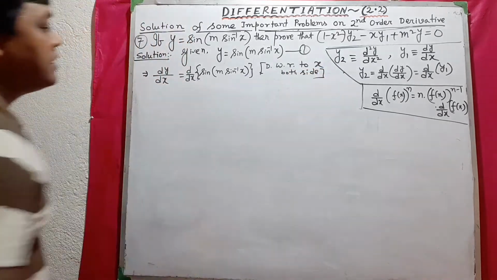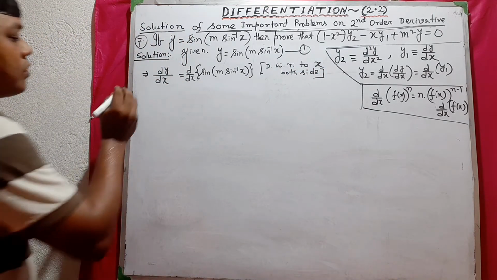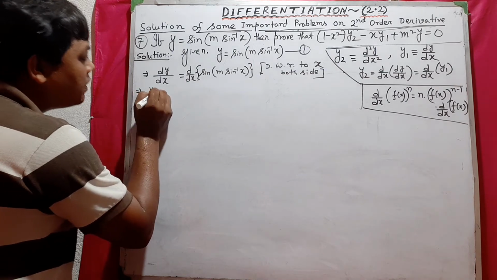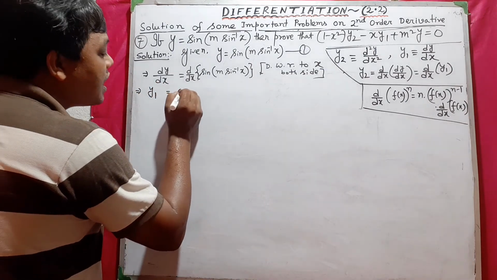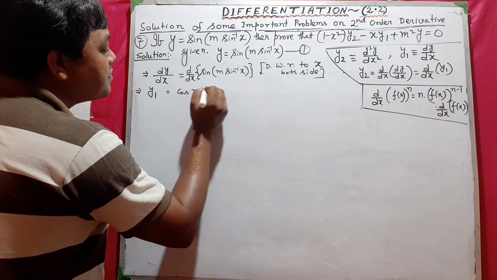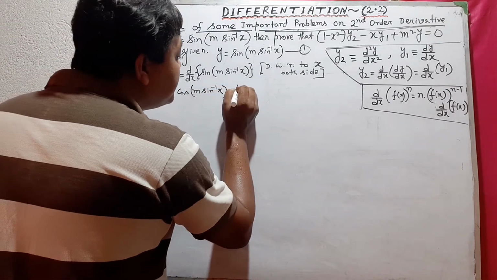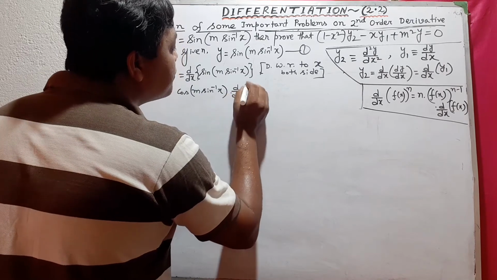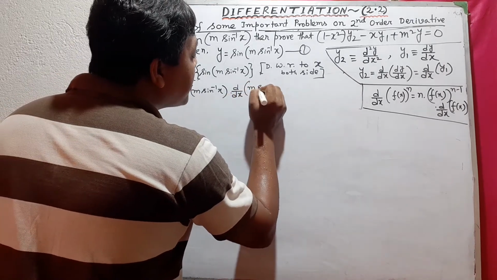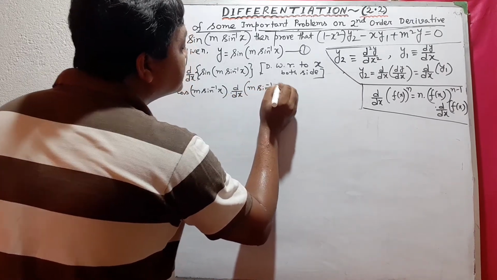And we know that what is the derivative of sin? cos. So this is y1 equals cosine(m sin inverse x) into d/dx of m sin inverse x.